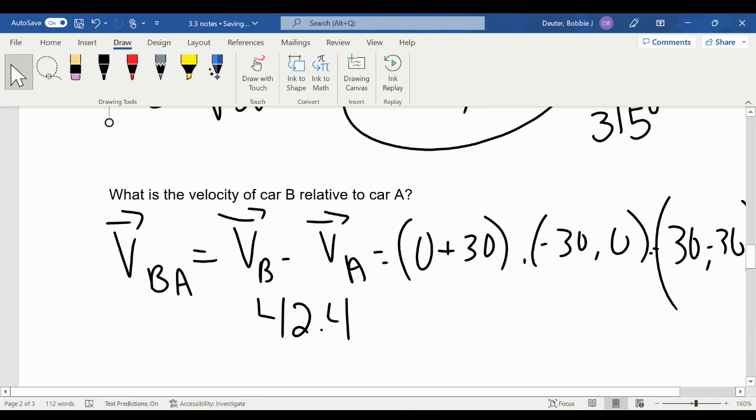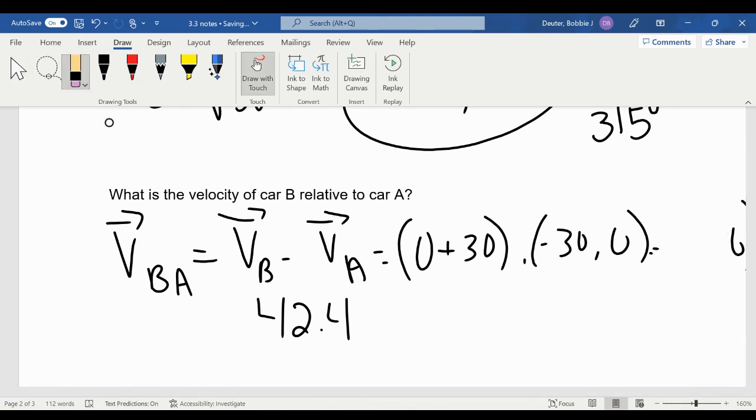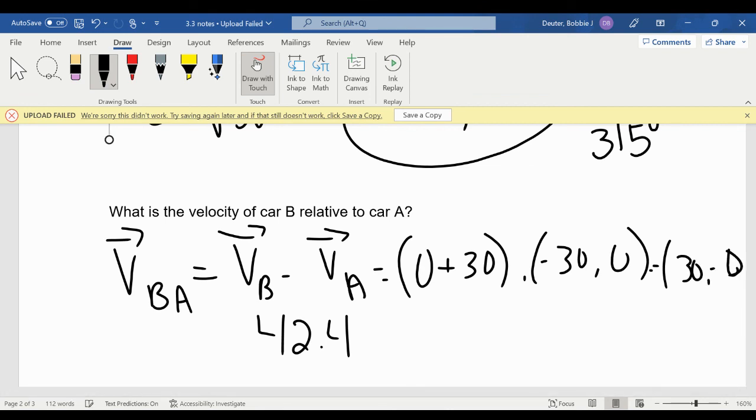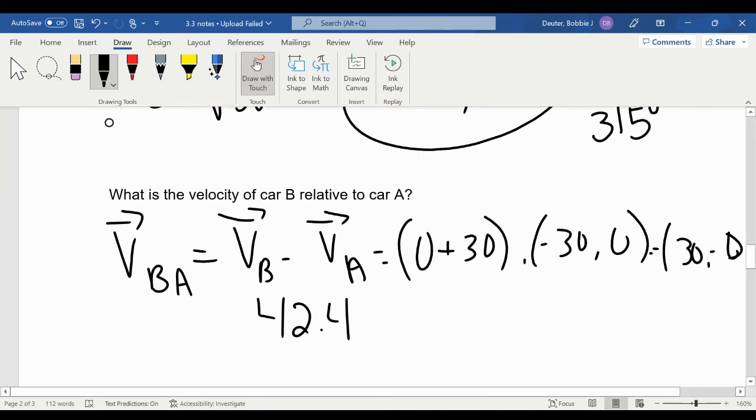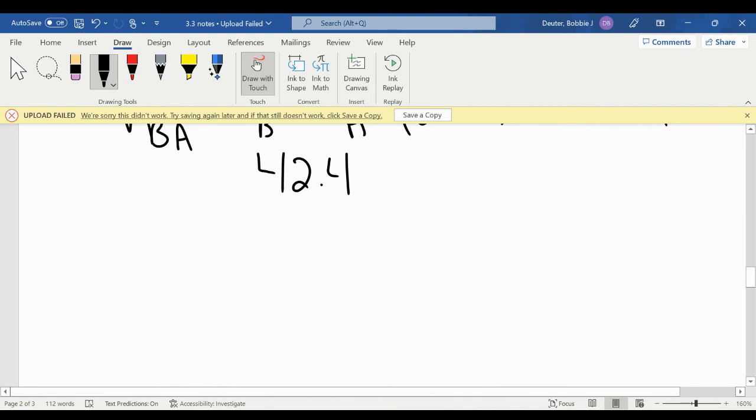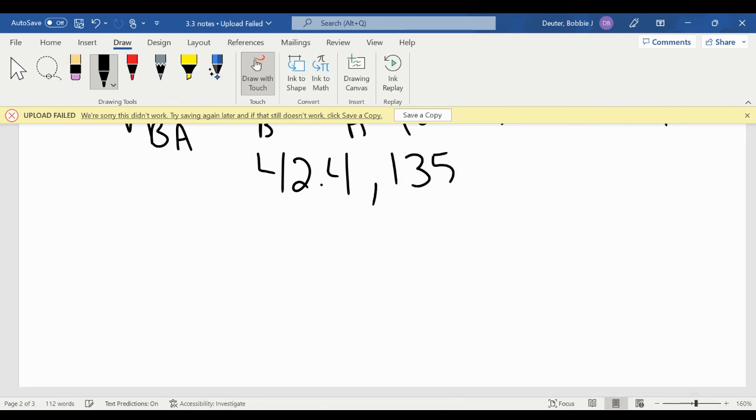I wrote this incorrectly on the answer part right here. But we want to make sure that we have this 30 and minus 30. We have a reversal in direction because of how we're seeing this. And so we do have our coordinate plane being at 315 because now we are going east.